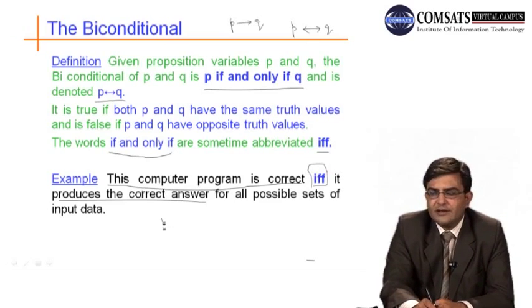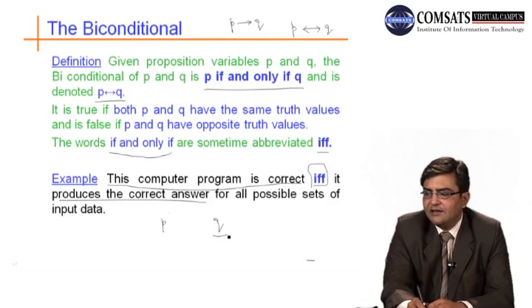If the computer program is correct, then it will give true values, and if a computer program gives us the correct answer for all possible sets of input data, then this computer program will be correct.